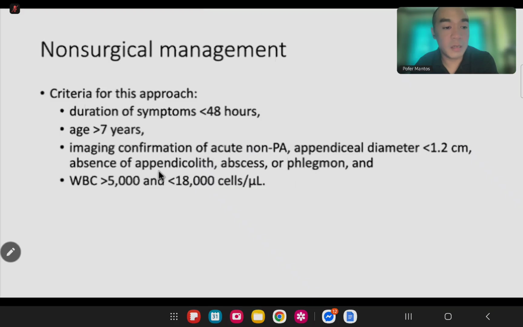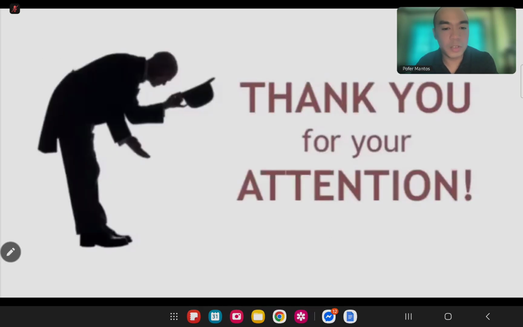Or if there's absence of these and the WBC is not that high, it can just be managed conservatively, no? Maybe they can just be given antibiotics, but of course you really have to advise them, no, to come back right away if there's recurrence of symptoms or even persistence of symptoms despite the conservative management. Okay, so that ends my lecture for this day.